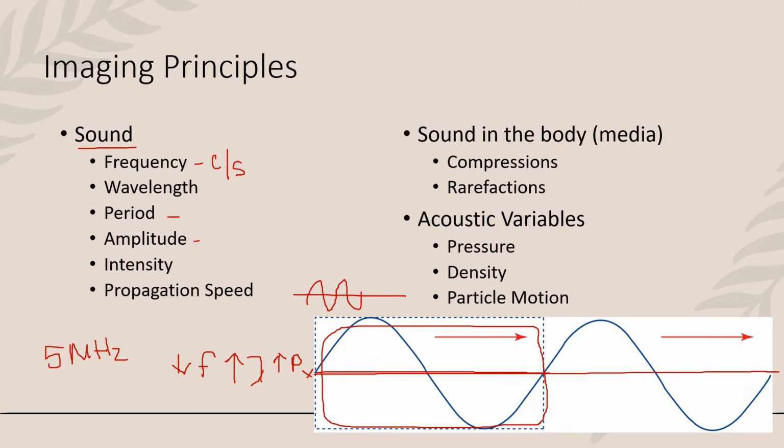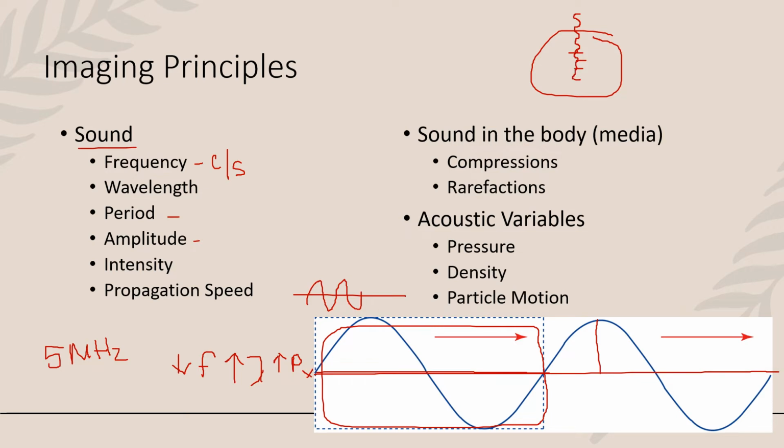Now, amplitude is another quality of your sound, and amplitude is basically the deviation from the baseline to the maximum value. Amplitude is going to play a big role when we send sound into a body. That sound is going to interact with different tissue interfaces as it goes through.